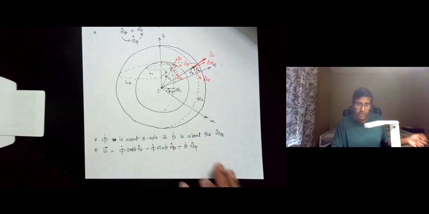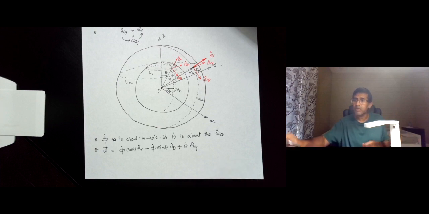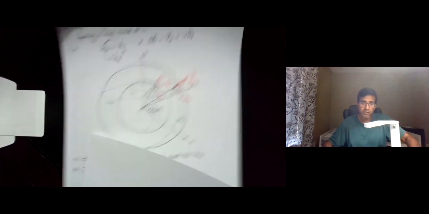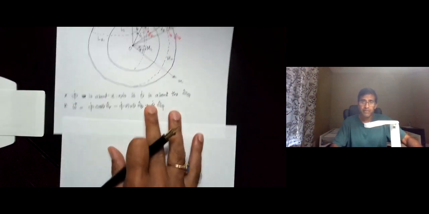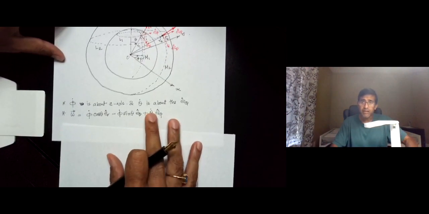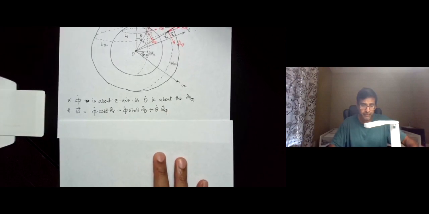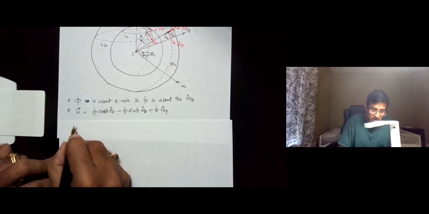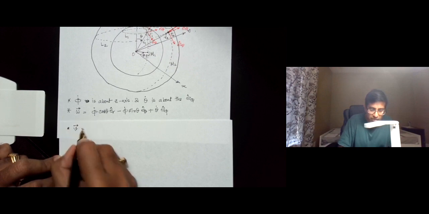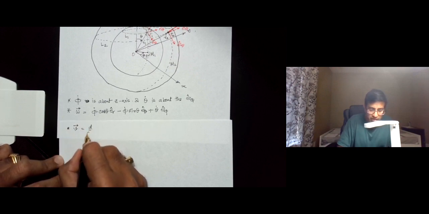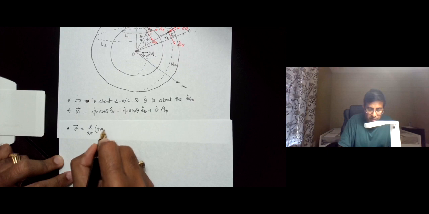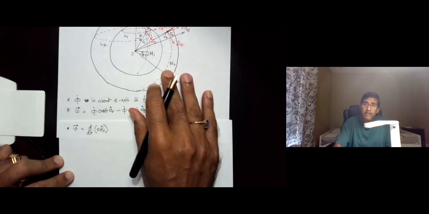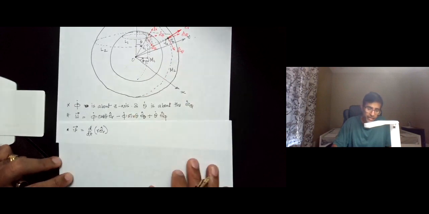And so what we'll do next is we will determine the expression for the velocity of the particle using this spherical coordinate frame. So if I think about the velocity, it is going to be d dt of R ER, because the position vector of the point in the spherical coordinate frame is R ER, right?